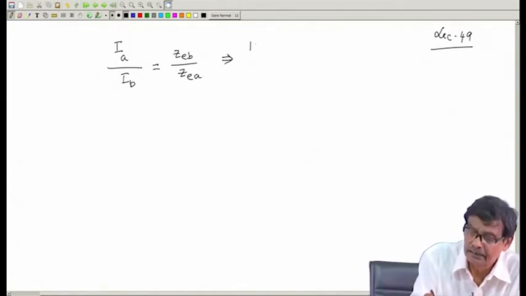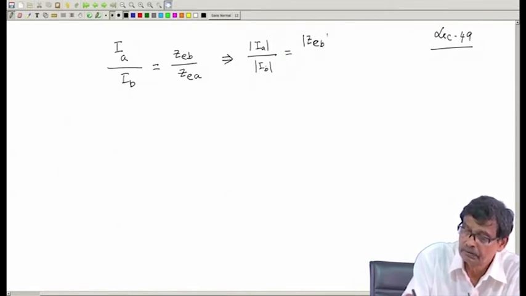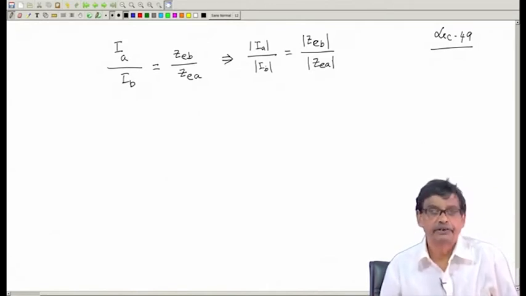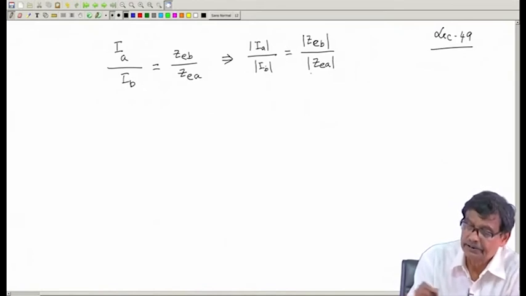This also means that the magnitude of IA to the magnitude of IB will be equal to the magnitude of ZeB divided by the magnitude of ZeA. That is how it will be shared. This equation is very important.